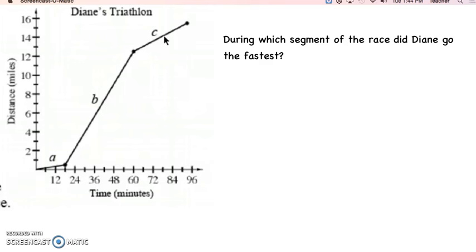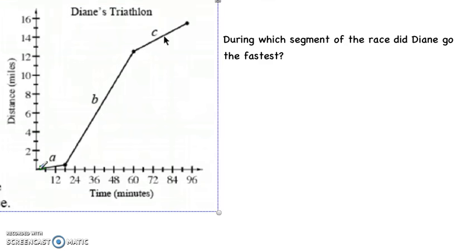When I look at A, I notice that it's not a very steep slope, and she doesn't really cover much ground. The distance is over here. She doesn't really cover much distance in that amount of time. If we look at B, she covers a lot of distance in this short amount of time. And then again, looking at C, it's a steep slope, but she covers more ground in B than she does in C.